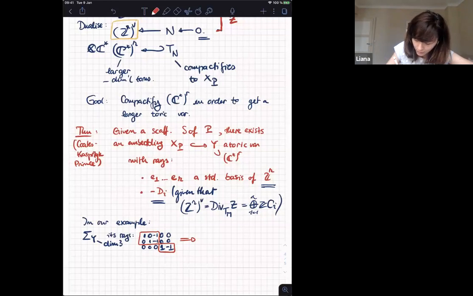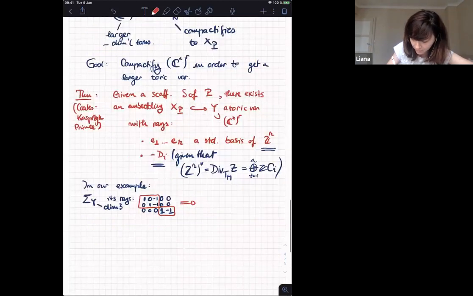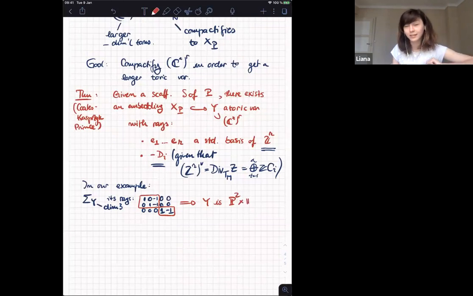And this tells you that Y is in fact P2, which is the first little box that I made there, times P1, which is the second little box that I made there. If you see this kind of separation where you have zeros everywhere else except these 2 blocks, you can always be sure that the toric variety that you've obtained is just a product of 2 guys. So why is it P2 cross P1?